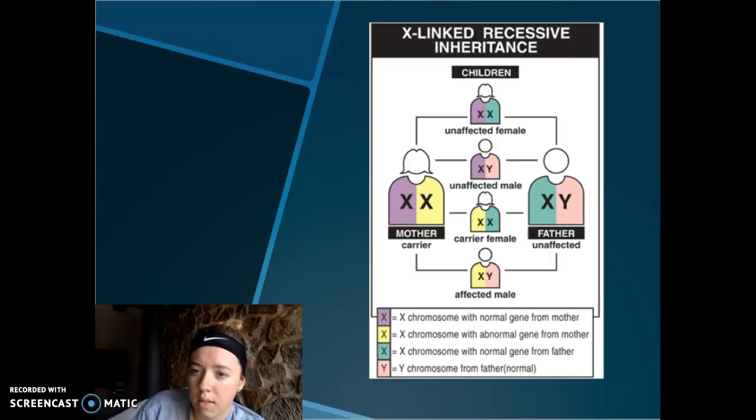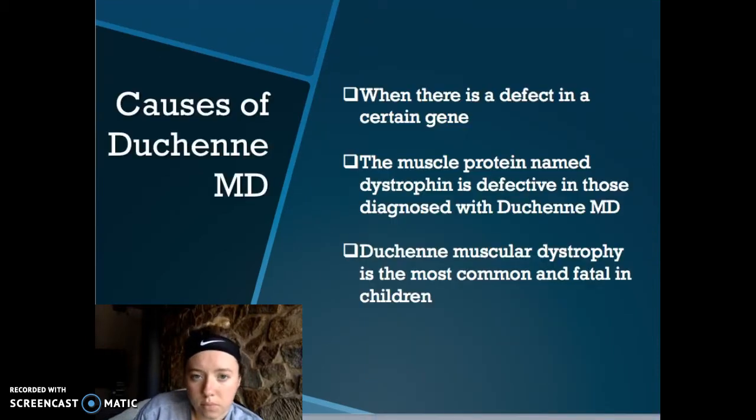So you can see there that the female has the double X's and the male has an X and a Y. So that X that the male has is what could contain the defected gene, and then the female carries it.